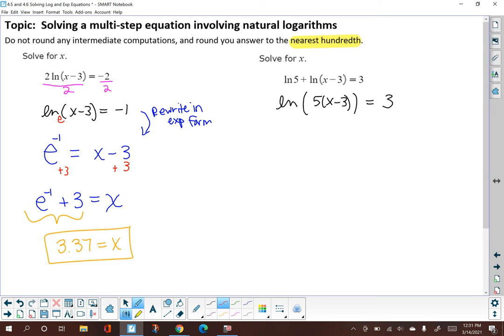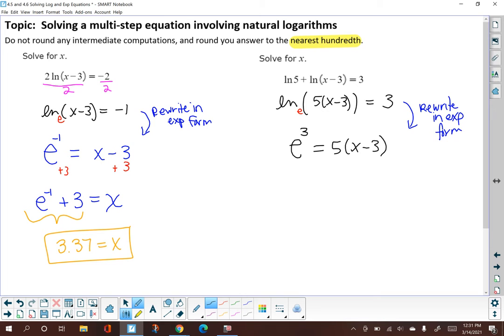Okay, so now remember, this is a natural log, so it's a base e log. So we can rewrite this in exponential form. It's going to be a base of e with a power of 3, e to the power 3, and that's equal to the argument of the log. So it's equal to 5 times x minus 3.